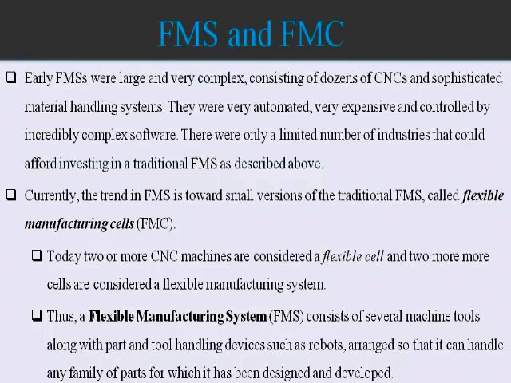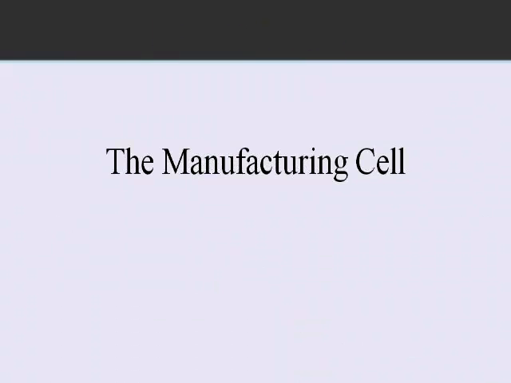Thus, a flexible manufacturing system consists of several machine tools along with tool handling devices such as robots, arranged so that it can handle any family of parts for which it has been designed and developed. A flexible manufacturing cell consists of two or more CNC machines, a cell computer, and a robot.